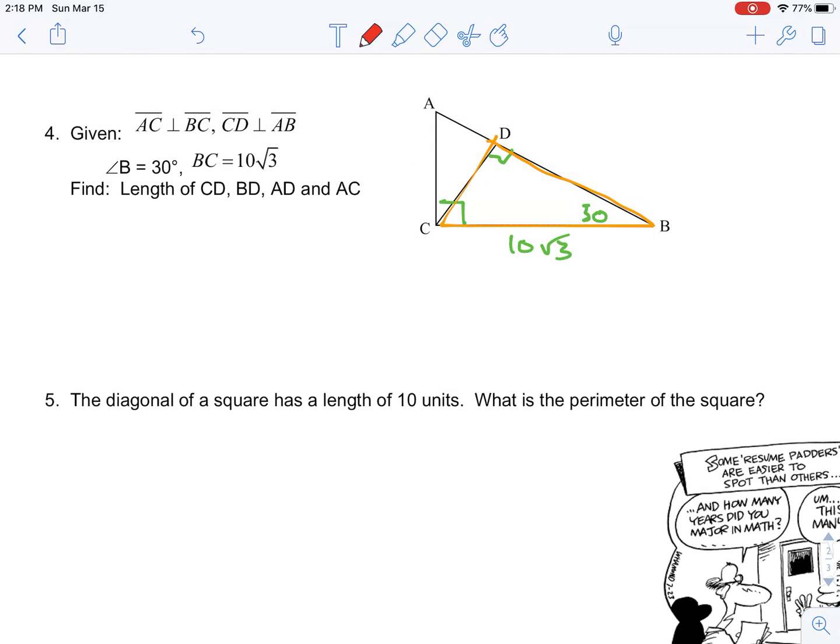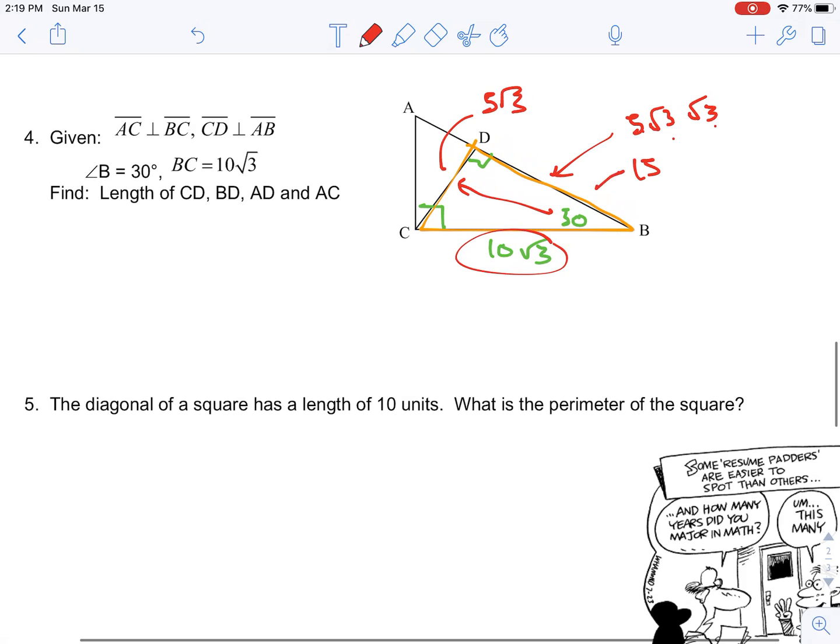And if 10 root 3 is the hypotenuse, then this is my x side, so it's going to be half of that, or 5 root 3. And this side, of course, is going to be my x, which is 5 root 3, times the square root of 3. So root 3 times root 3 is 3, times 5 is 15. So that side right here is 15.